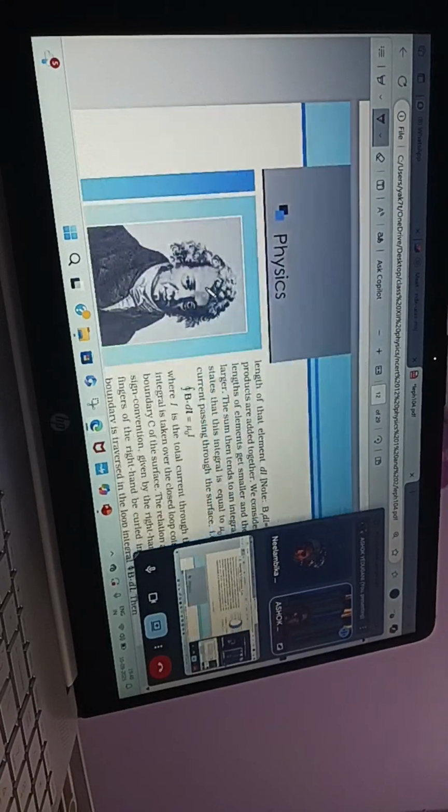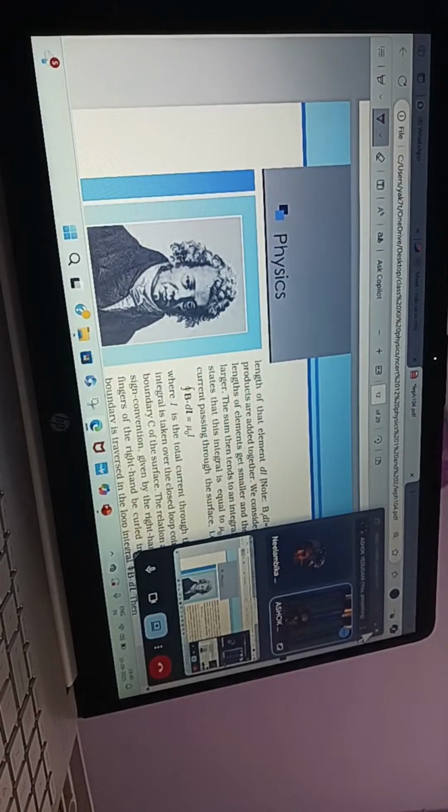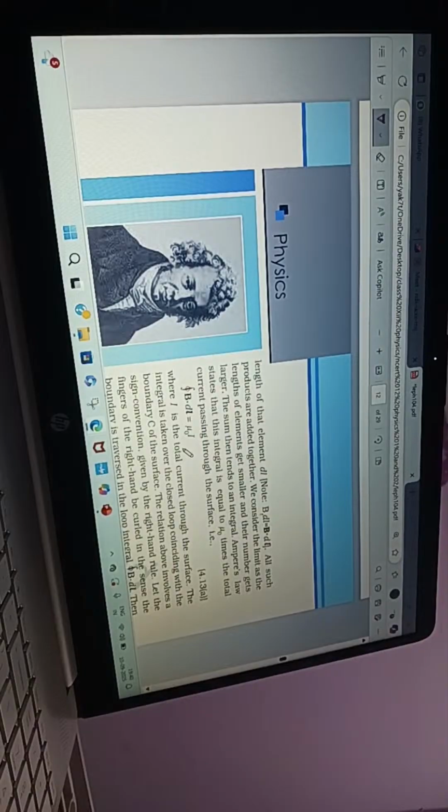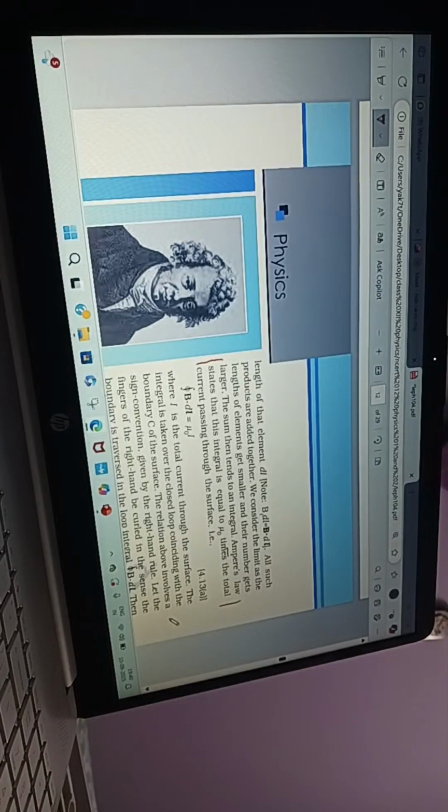Where is the statement? Your statement is this. This is the law. Read it once.